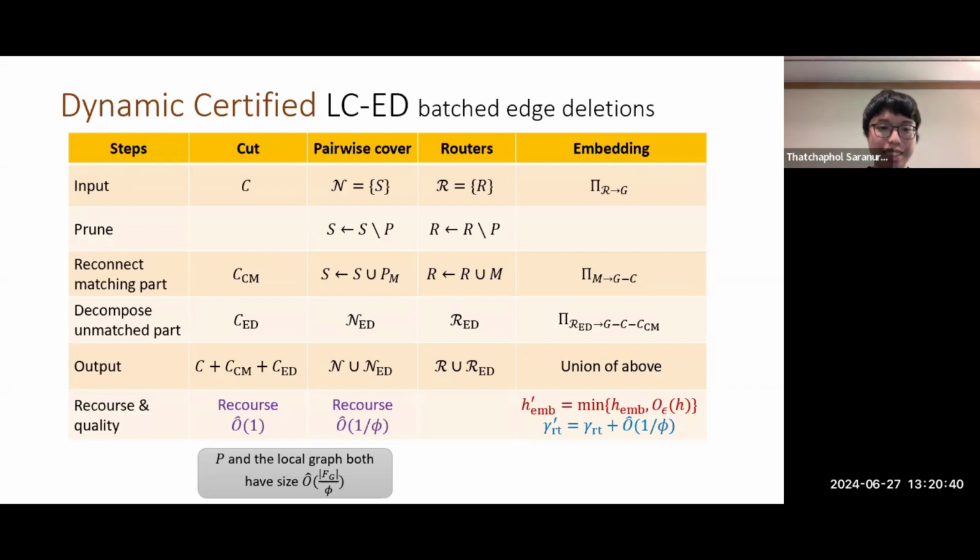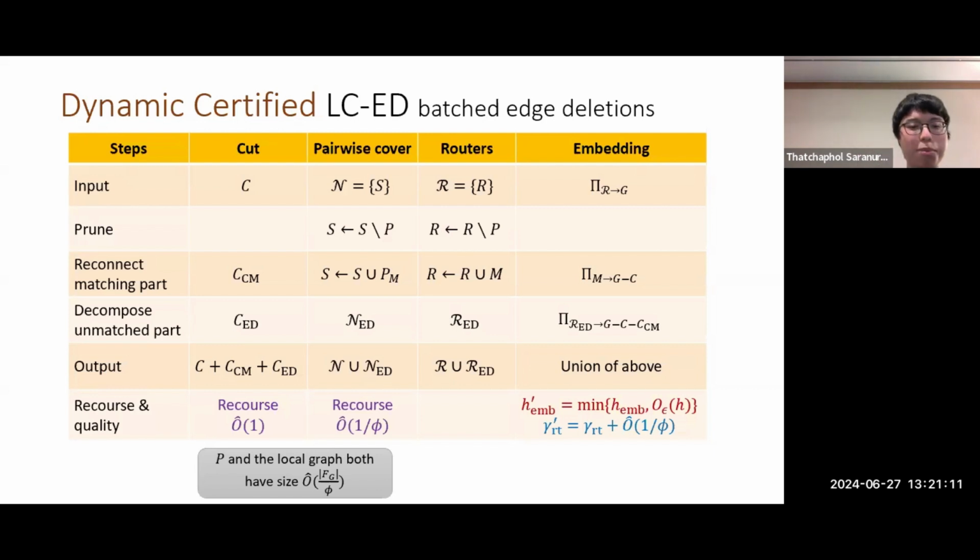Sorry, I don't have time to talk about the recourse, but basically the recourse of the cut is close to constant, because when the cut match algorithm outputs a small cut, there will be a 1/5 factor in the output cut size, and the new expander decomposition will also output a small cut.